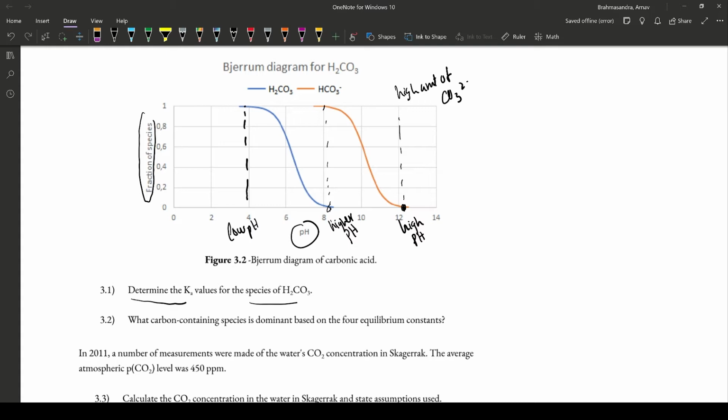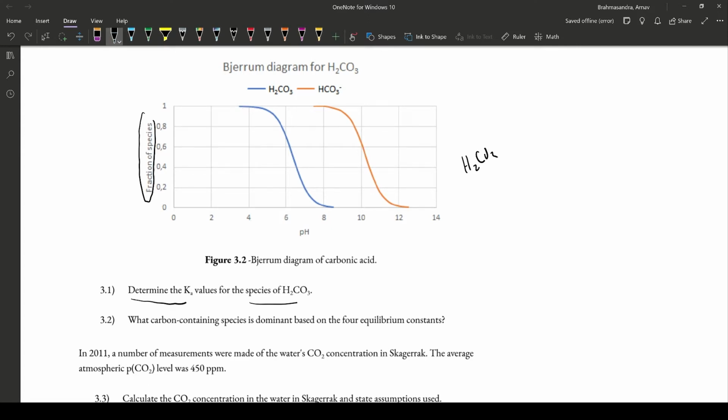So we want to find what the Ka values are for H2CO3 and HCO3 minus, so the two different dissociation steps. So let me erase my writing and let's see if we can figure this out. Basically we have H2CO3, and we want to think about the Henderson-Hasselbalch (HH) equation, right?